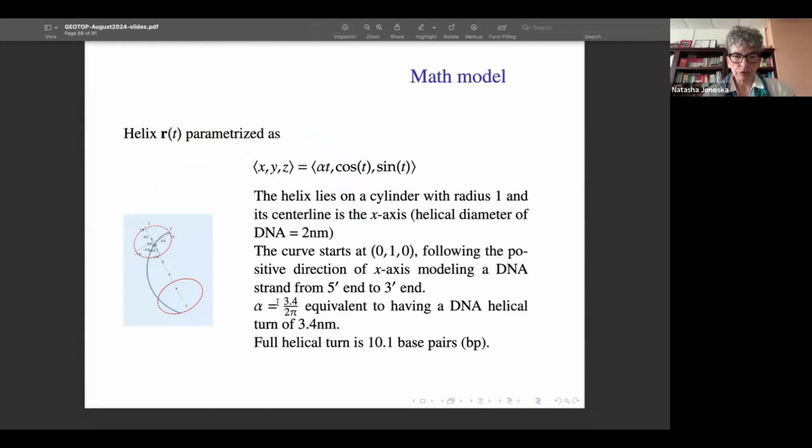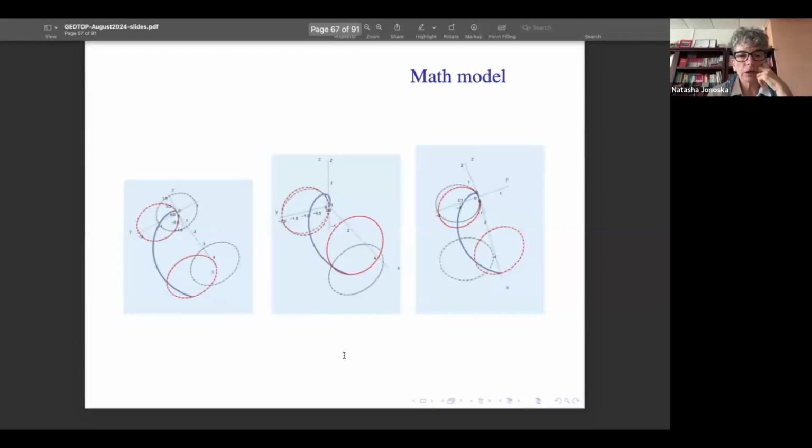We also tried to model the helicity, which is 3.4 nanometers per helical turn, 2 nanometers of diameter of the DNA, and we use 10.1 base pairs per helical turn, actually. This was important because most of the time the DNA was a little bit tighter than standard.